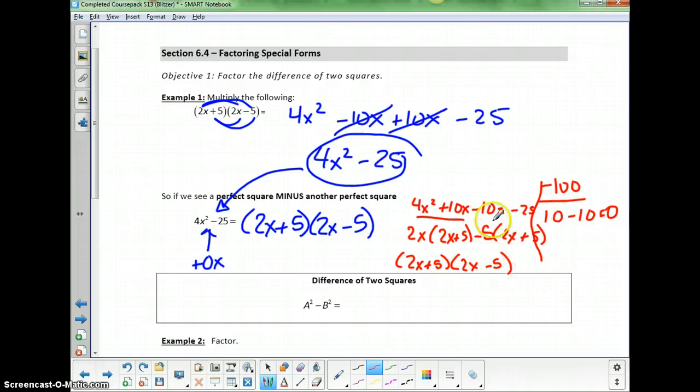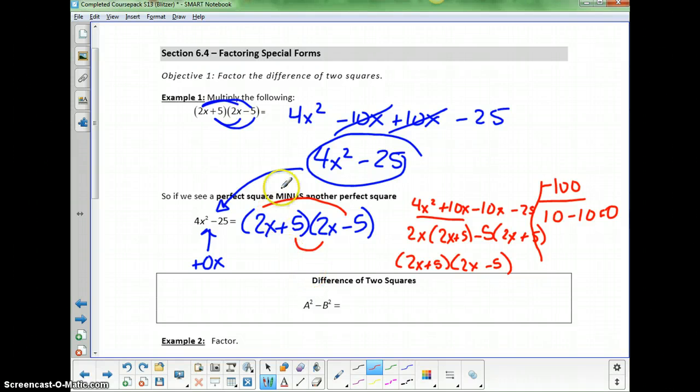Okay, so we've just done the same problem using the grouping method. And we can see that it also works by trial and error. By trial and error, we're going to be looking at this combination of 2 times negative 5 and 2 times positive 5. We want the exact same things here and here, one positive and one negative.